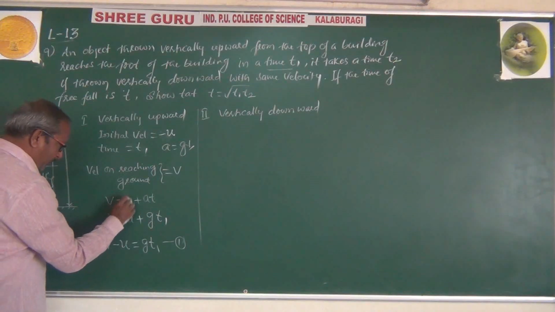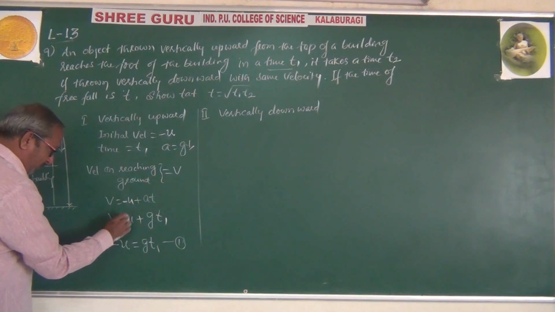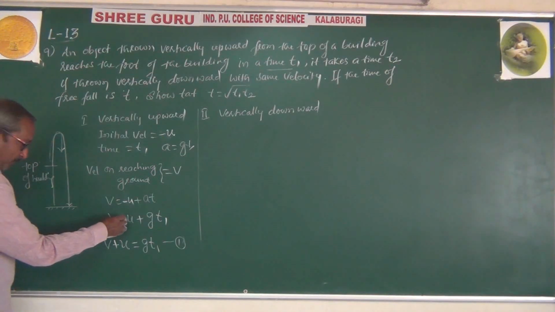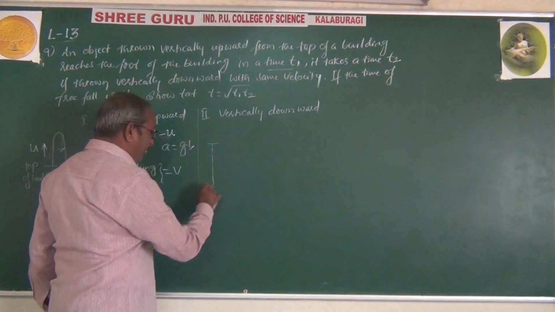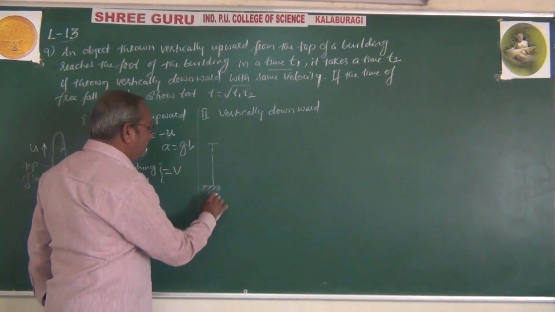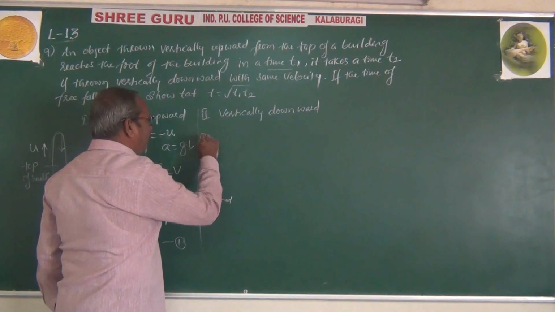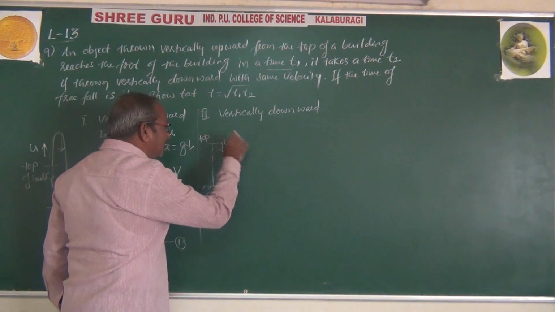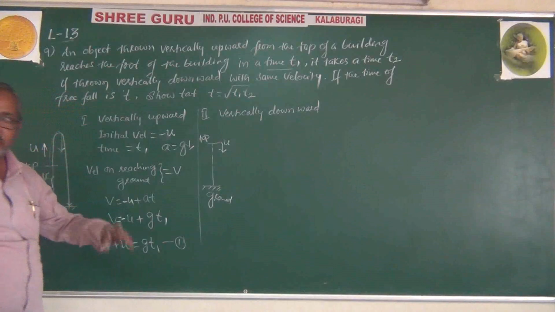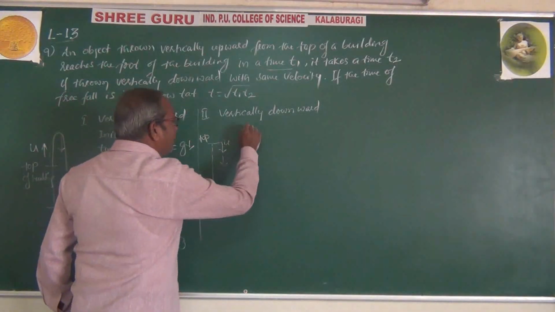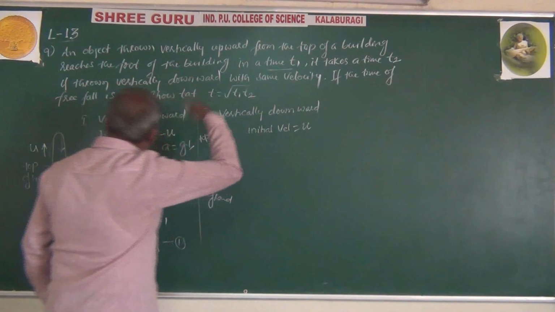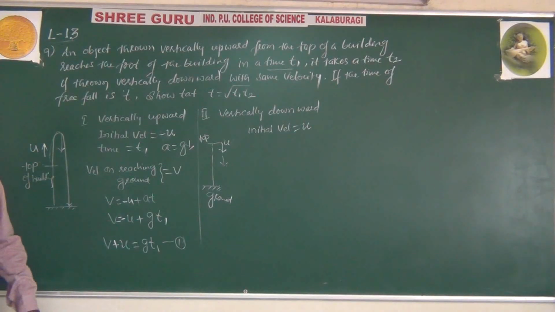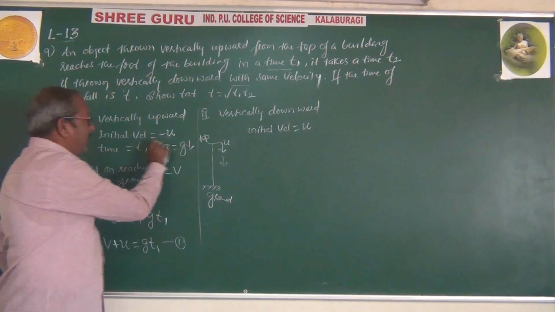Here this is the ground level and this is the top of the building. It is thrown downward. Here u, the initial velocity, is downward, and a is also downward. So the initial velocity is plus u, and in the earlier case it was minus u upward.